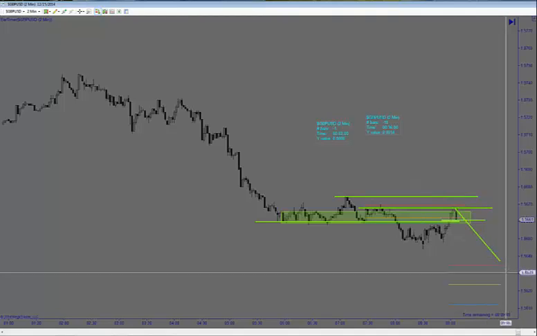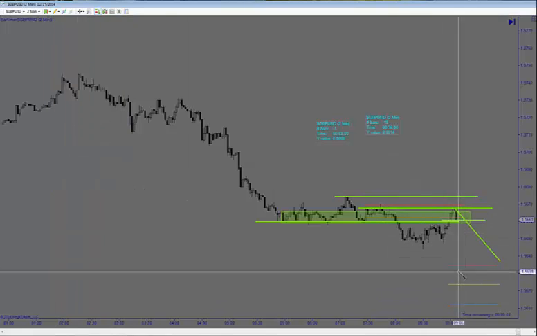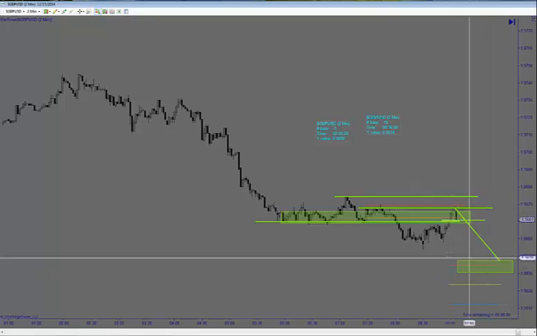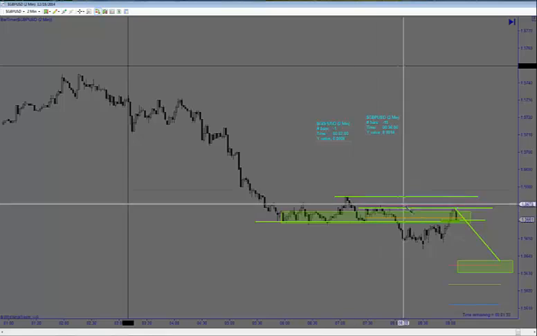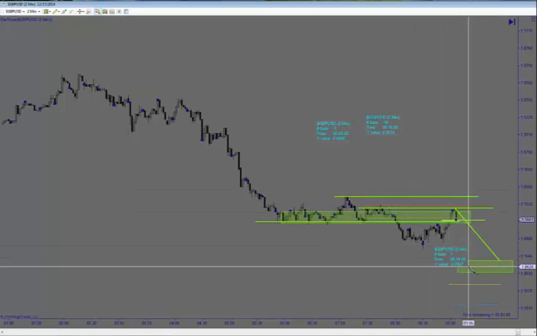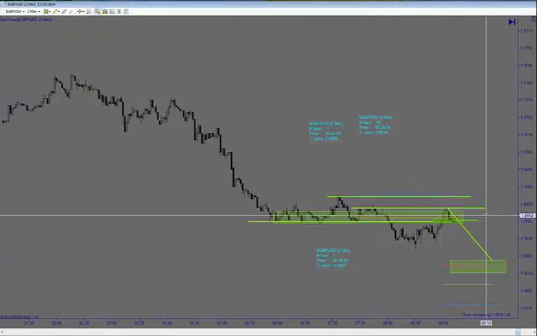So somewhere in this area, I expect for my target to be hit. So I am risking 11 for a possible 27. Okay, so now we follow price.